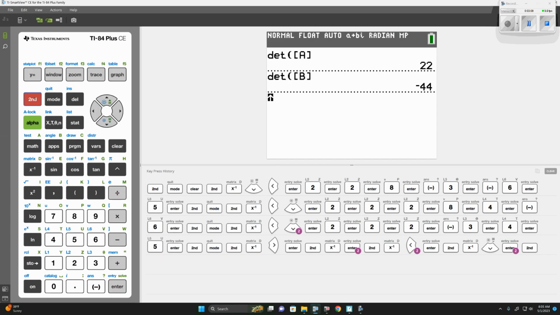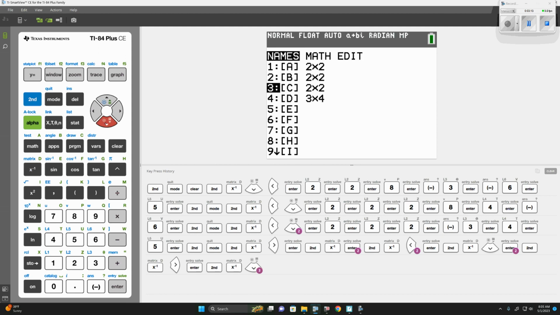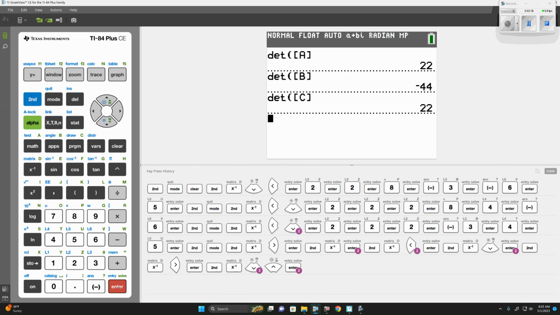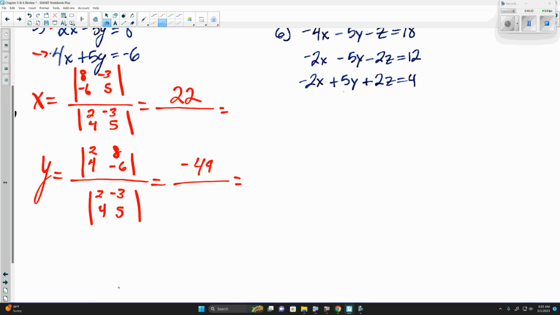And then lastly, find the determinant of the denominator, C, which is 22. So the first one, 22 over 22, is 1, and the second one is -2.